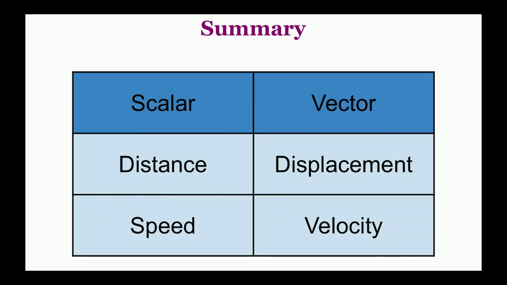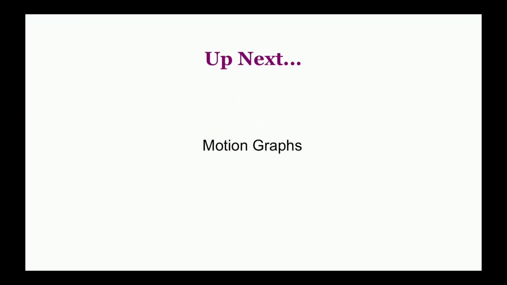You might have a similar table in your notebook where I'm starting to list scalars that I know and am familiar with and vectors that I know and am familiar with. So far, I'm familiar with distance and speed. Those are scalars. And I'm familiar with displacement and velocity as a result of this presentation. Those are vectors because they have a direction. Next, we're going to be talking about graphs of motion, and that's all we have for today's lesson.